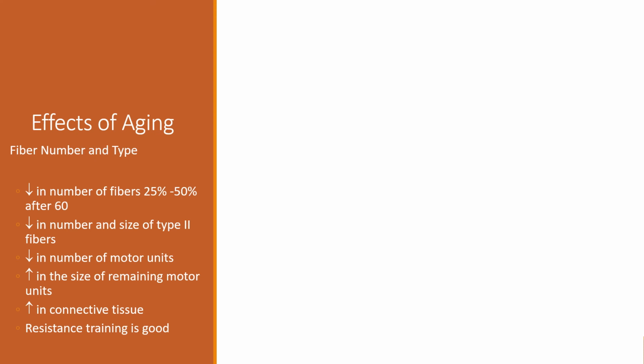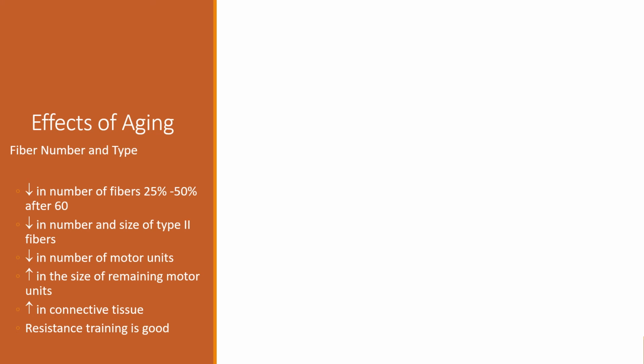As we age, there tend to be changes in the muscle. The number of muscle fibers can decrease up to 50% after the age of 60, and this effect is especially marked in the type 2 strength-generating glycolytic muscle fibers.